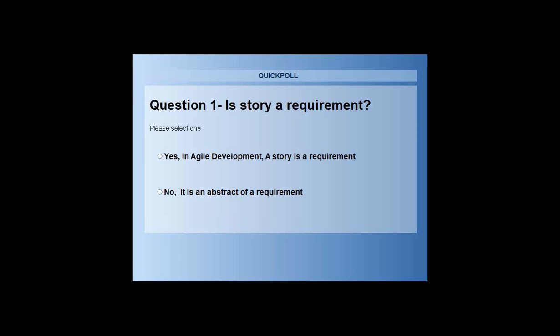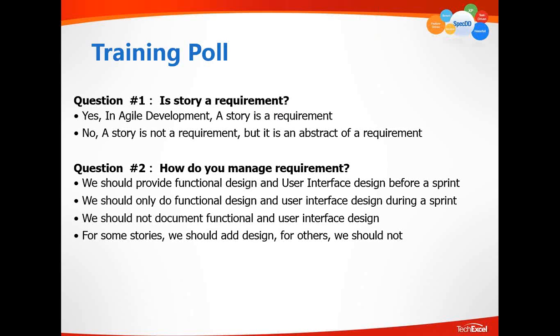Or we should not document functional user interface design at all? Or for some stories, we should add design. For others, we do not really need to add design or documentation for requirements. So let's take a look one by one. Let's do the first one first.